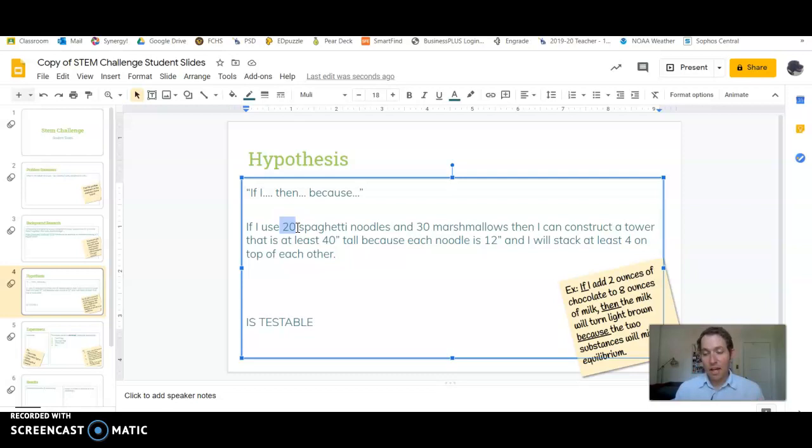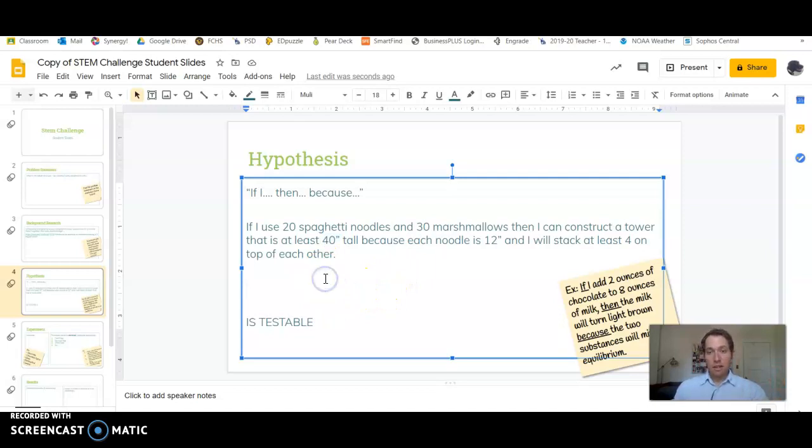Most of us are going to not have a hypothesis that is perfectly right. I would expect almost all of us to have one that doesn't totally support or is supported from the experiment that we do. But the important thing is to have some measure, 40 inches tall, that you're doing. If you're doing a catapult, you want to be trying to launch that thing a specific distance, right?